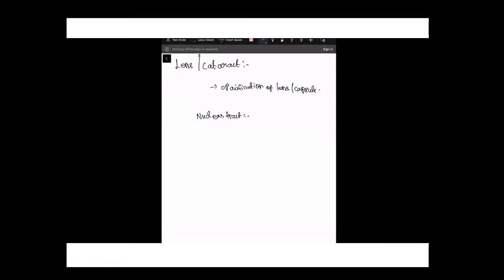Nuclear cataract happens on the nucleus of the lens.